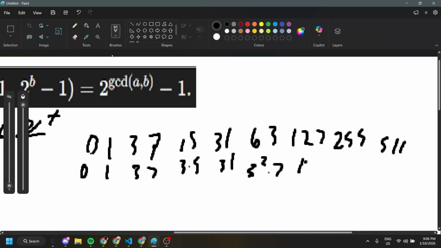So this is prime, 127. Why don't we write up the exponents that lead us here? Exponent 0, 1, 2, 3, 4, 5, 6, 7, 8, and 9.